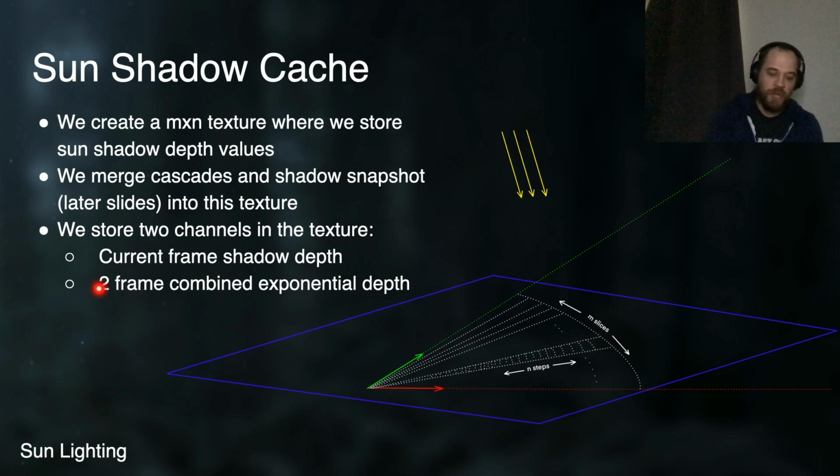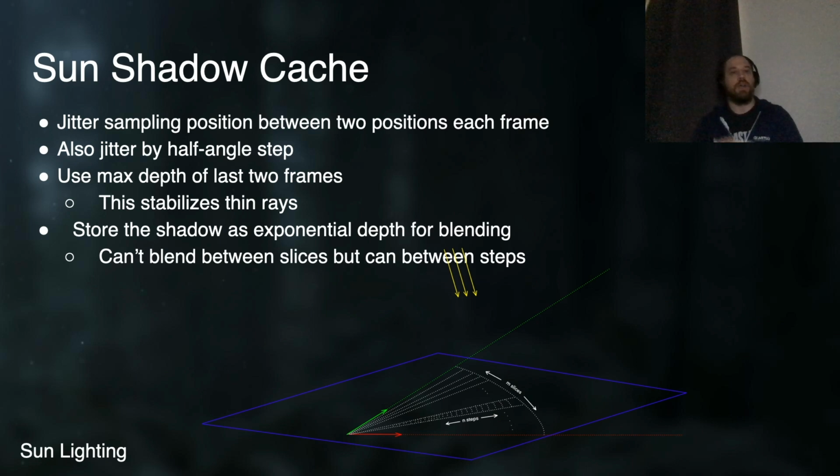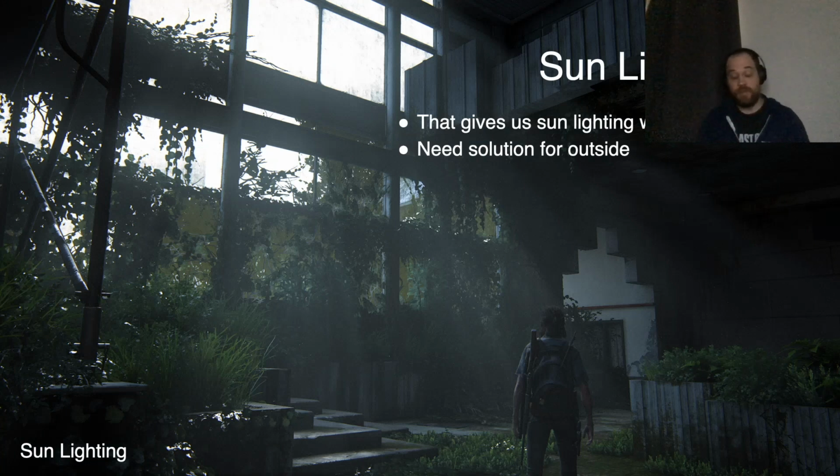We actually store 2 frames worth of shadow, so we can do a max of that to stabilize from the jitter, and then we actually store it as exponential shadow map for sampling when we're actually lighting the Froxels. So we do temporal jitter, like a 2 frame kind of history, and we use exponential shadow maps for that, as was proposed by Wronski.